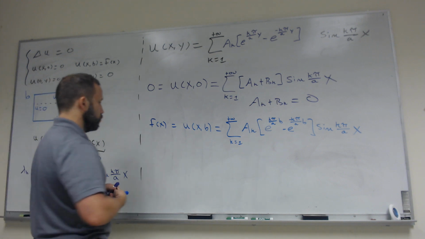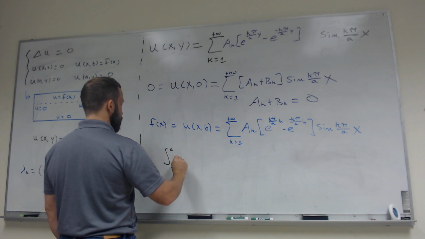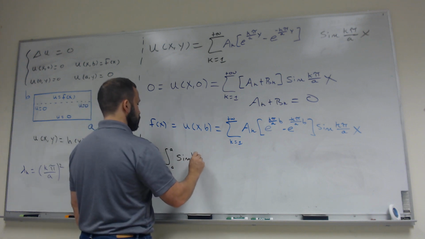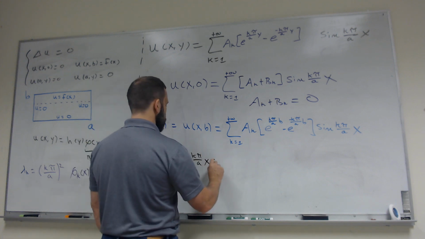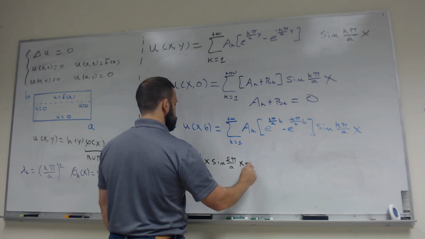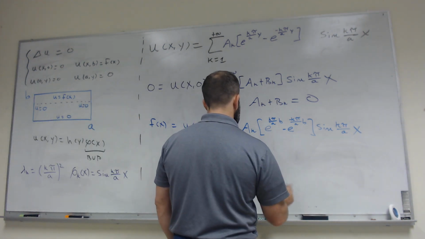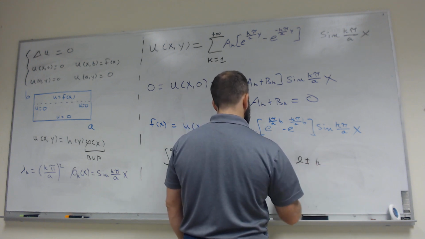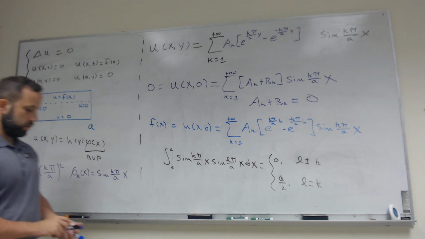If I look at the integral from 0 to a of sine k pi over a x times sine L pi over a x dx, this is going to be equal to 0 if L is not equal to k, and it's going to be equal to a over 2 if L is equal to k.